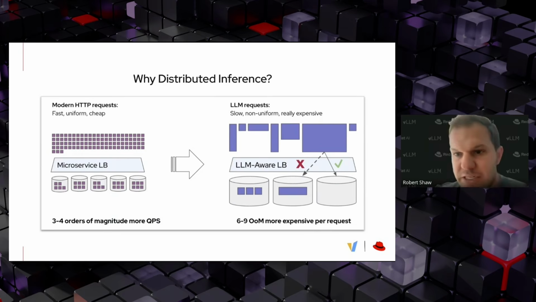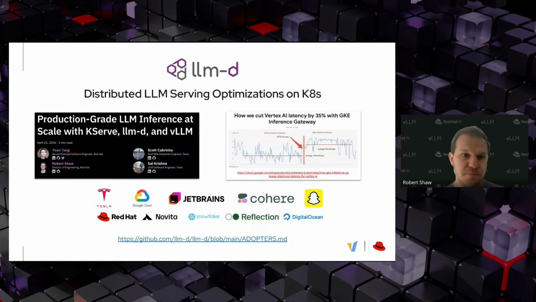And so llm-d's job is to really be aware of the fact that it's running an inference request as opposed to a generic HTTP request, and attempt to implement different distributed optimizations that can outperform the naive deployment-service pattern that you see most people getting started with. llm-d is a distributed inferencing framework that seeks to optimize a whole cluster of vLLM pods, and it does this on top of Kubernetes.